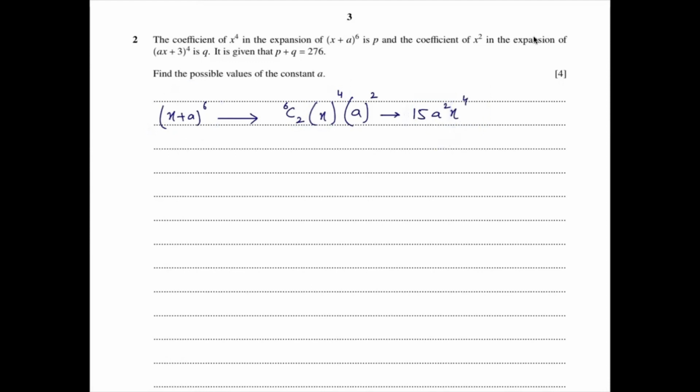The question says that the coefficient of x to the power 4 in this expansion is p, which means that 15a to the power of 2 is equal to p. Then it says that the coefficient of x square in the expansion of (ax plus 3) to the power of 4 is q, which means that if I were to expand this, there is going to be a term in x square. If you want x to have a power of 2, you will go for 4C2, (ax) to the power of 4 minus 2, 3 to the power of 2.